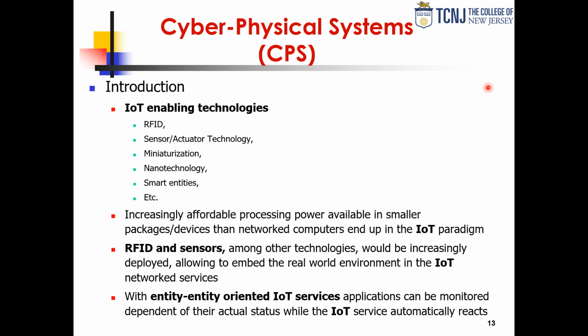So that's the affordability of these devices that is making this Internet of Things paradigm possible. RFID and sensors, so that's another technology. And once you have these processors with the ability to connect, they can communicate with each other. So people have to come up with the application.